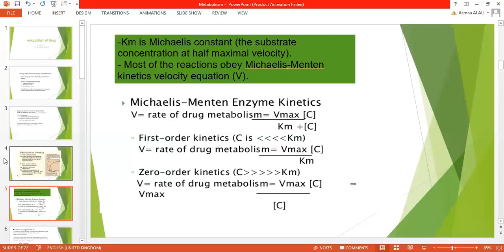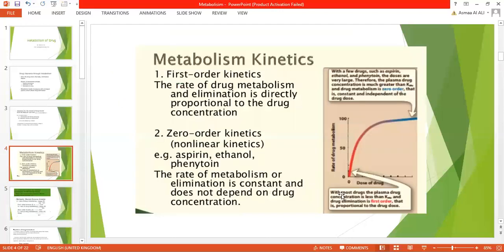For example, we note here that with most drugs, the plasma drug concentration is less than Km, and drug elimination is first order, that is proportional to the drug dose.